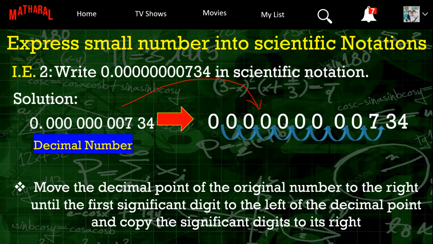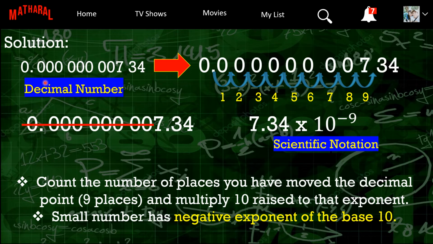From the decimal point here, we made a movement of the decimal point from left to right. And then, that is what happened. It falls between 7 and 3. So if I read this number again, this is 7.34 billionths. Okay, so now, let's proceed to the next steps.